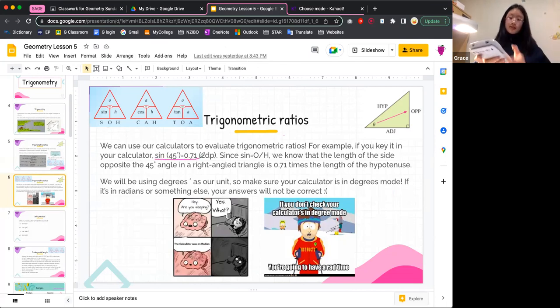If you get your calculators out and key in sine 45, you should get 0.71. If you don't, it might be because you're using your calculator in radians mode or some other mode. Degrees are a measure of angles, and radians are another type of unit for measuring angles.